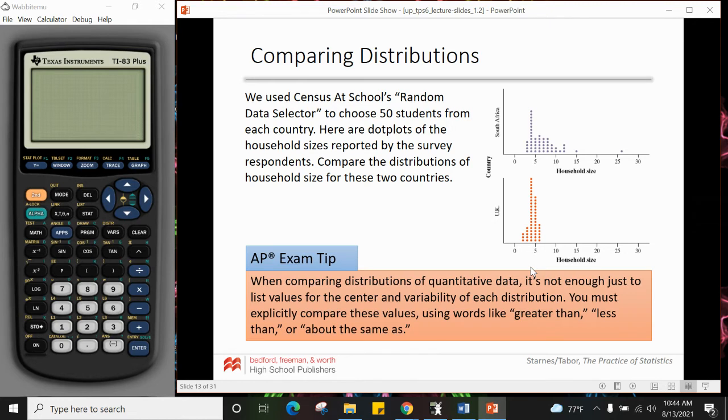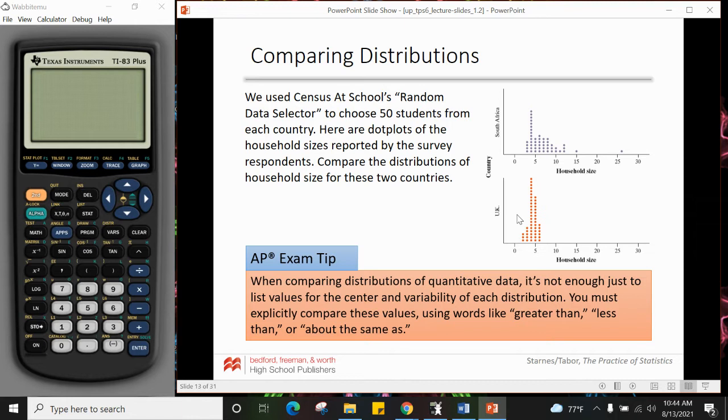When comparing distributions for quantitative data, it's not just enough to list the value of center and variability. You must explicitly compare them using words like greater than, less than, or about the same. So I would set this up the same exact way as before. I'd do shape, center, variability, outliers, and then in the shape, I'd say, hey, the South African shape is skewed right, while the UK is approximately symmetric.